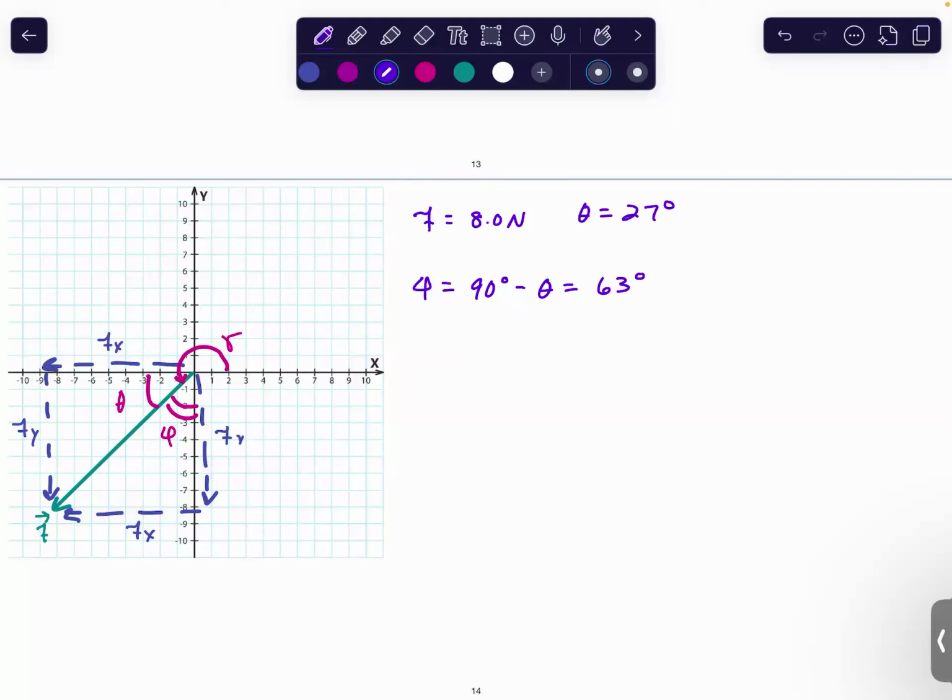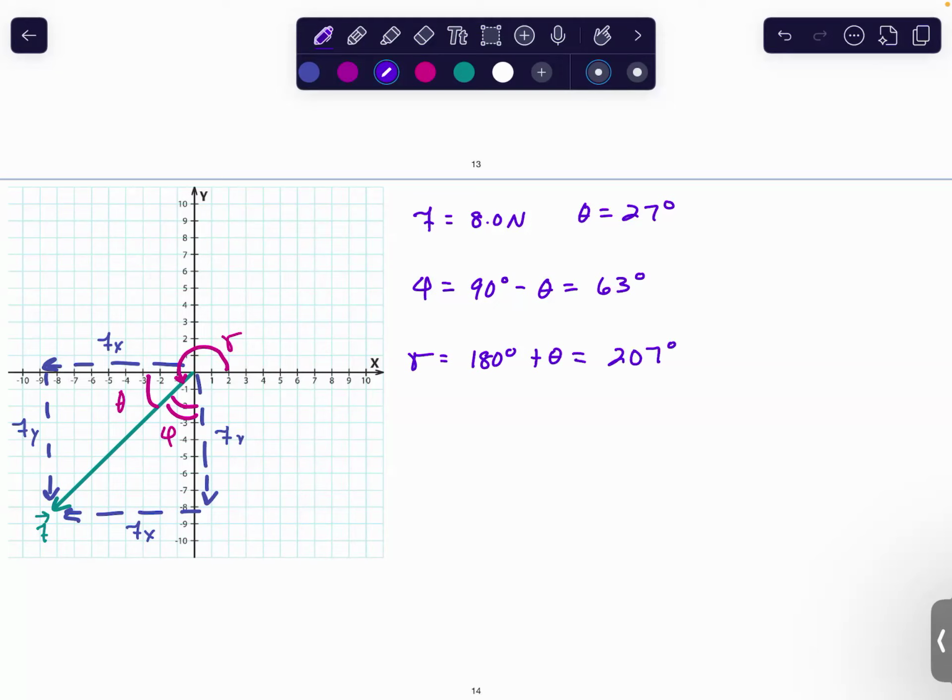Add theta to what? 180. So when we're in the second quadrant, we have to subtract it from 180 because from positive x to negative x, it's a 180-degree angle. Well, now we've gone all the way to the negative x, that's 180, plus the extra theta. And so that's going to give you 207 degrees.